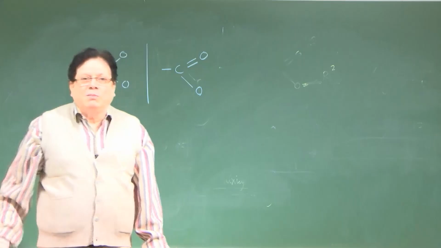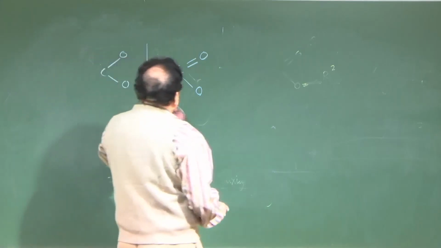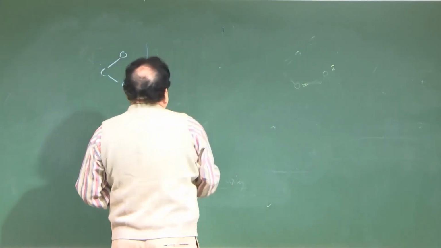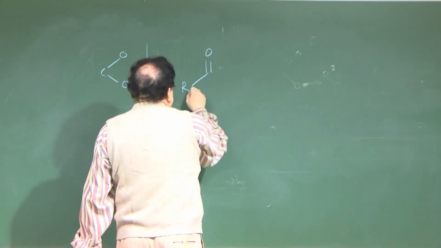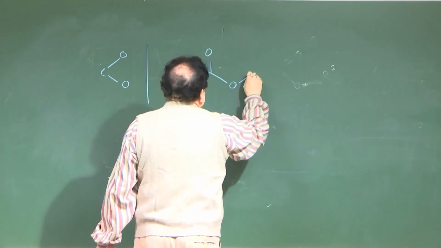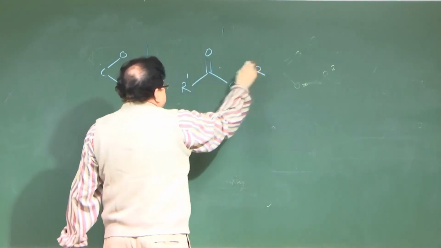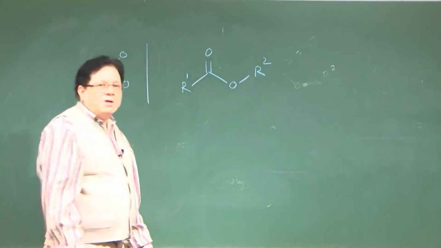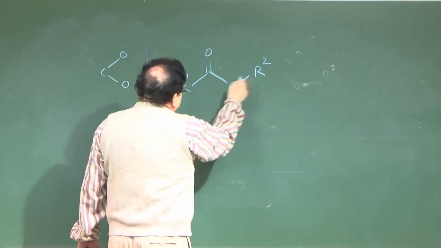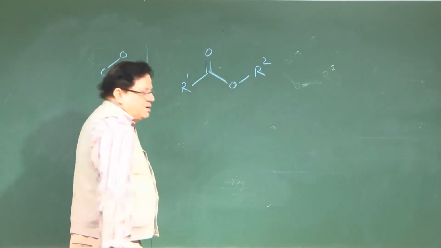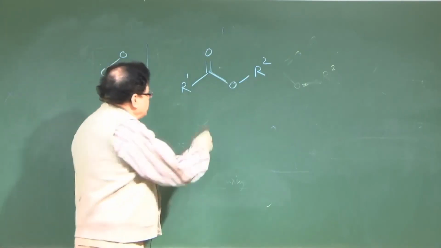So, let us talk about this. Now, the ester molecule can exist conformationally like this. This is what is called the transoid conformation, because around this bond, R2 and R1 are trans to each other. So, this is the transoid.